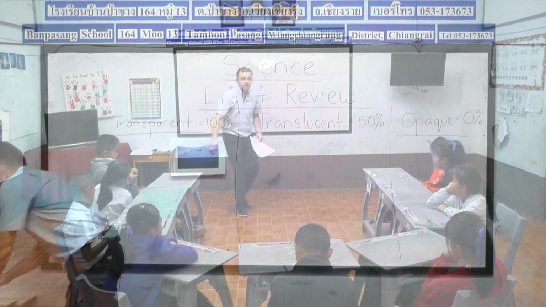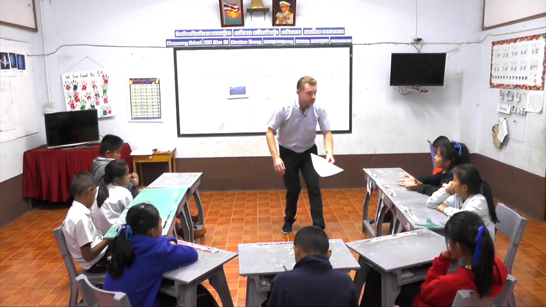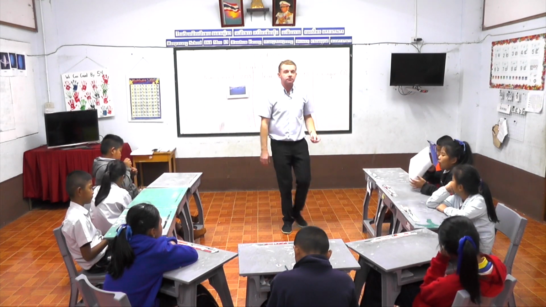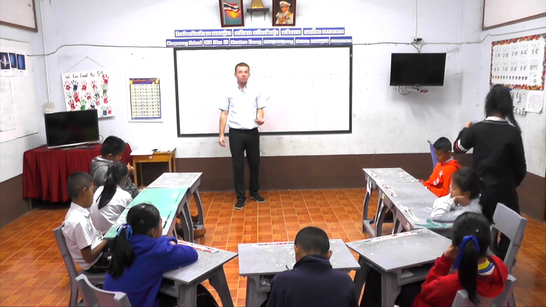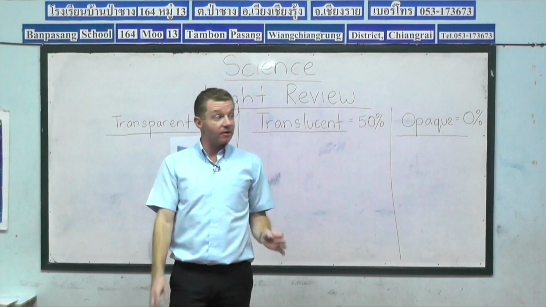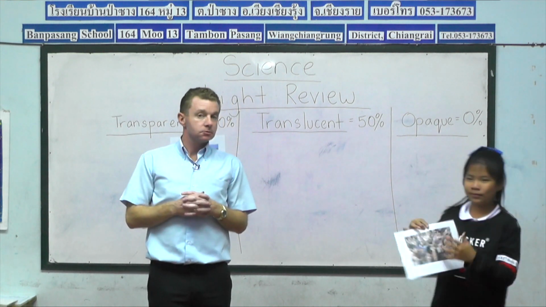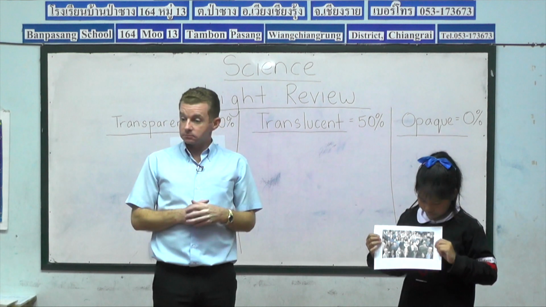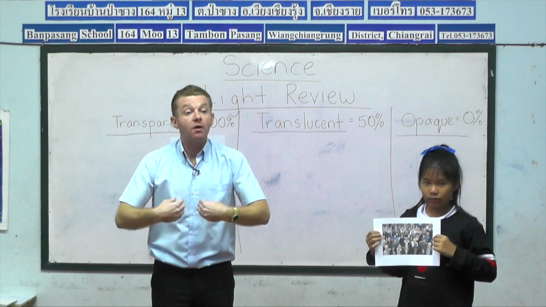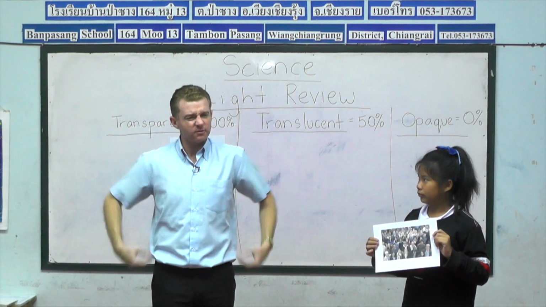So the next object, let's see who can go next. Lakgao. Now it's Lakgao's turn. So Lakgao, bring your flashcard to the front of class and show your friends. So what can we see in Lakgao's flashcard? People. So what do we think? Yes, does light pass through us?